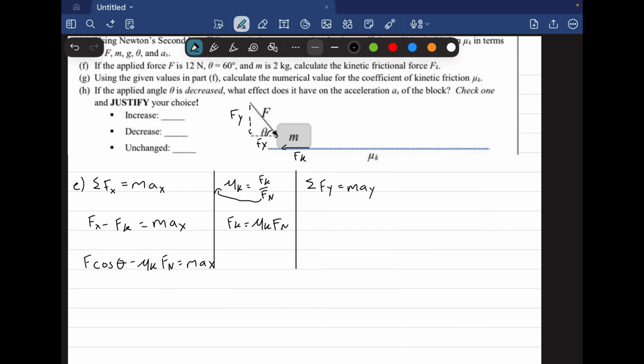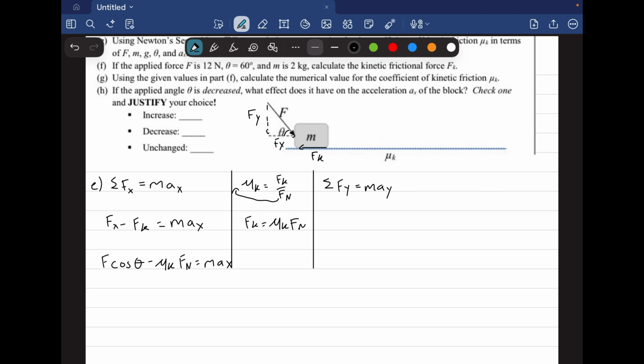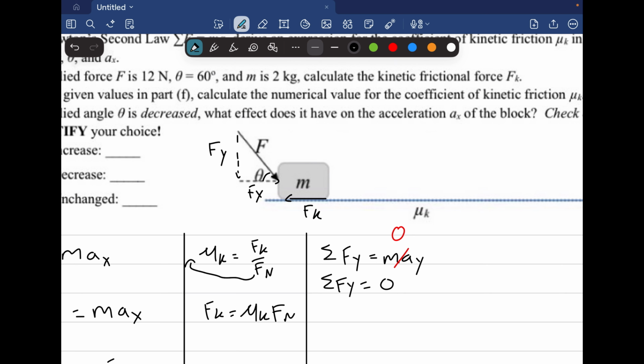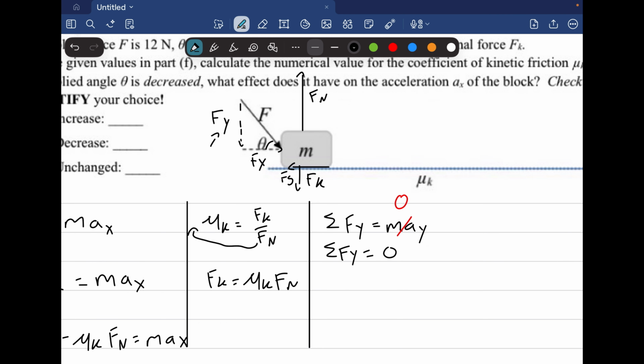Right. The block is not flying off anywhere, so your ay is 0. So this whole term cancels out to be 0. And then we know that up is equal to down. So Fn has to be greater than Fg plus Fy, right? So I'll write down Fn first because it's greater.